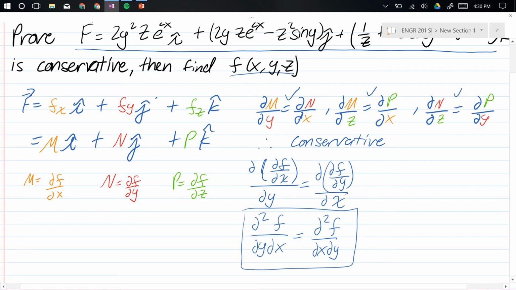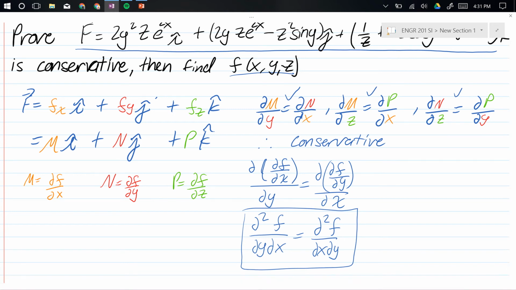And if we're able to show that doing the partial again, in different orders, with all three different combinations, gives equal results, then we're able to say with confidence that all of these components came from the same f of x, meaning it's conservative.